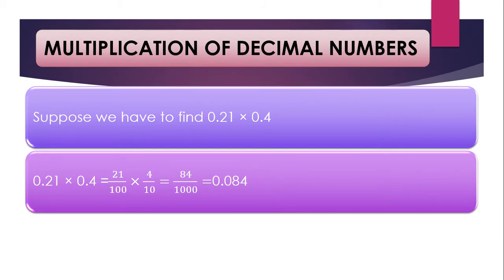First we have to remove the decimals, and for removing the decimals we have to divide by powers of 10 according to the decimal places. So 0.21 can be written as 21 by 100, and 0.4 can be written as 4 by 10. That equals 21 into 4, which is 84, over 100 into 10, which is 1000, equals 0.084.